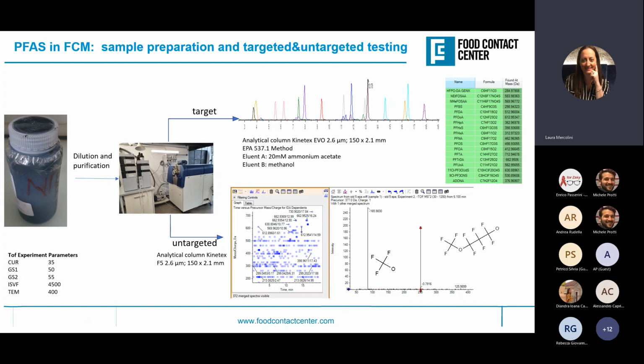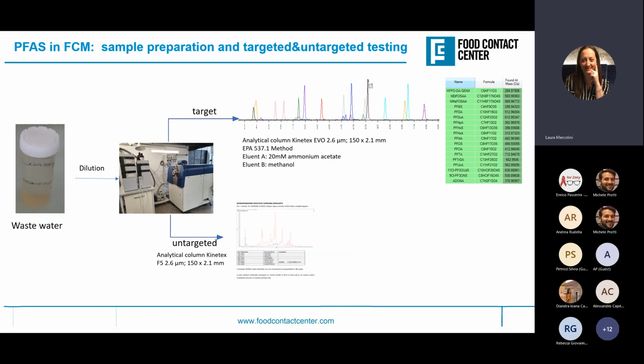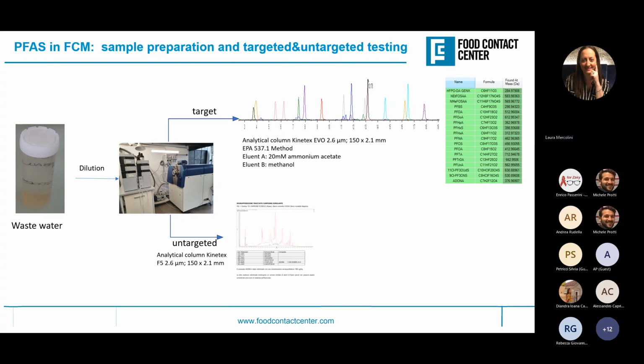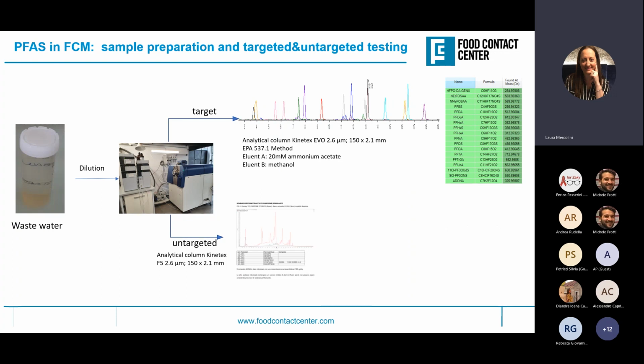The list is the one of the EPA method, and so we do perform the targeted testing. You can see here the column and also the chromatographic conditions, and also the untargeted testing. We have the same approach for the same kind of producer. They have the request to test the wastewater, so we perform targeted testing and also untargeted testing.